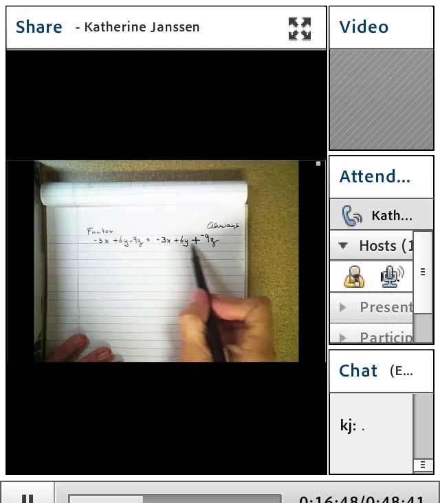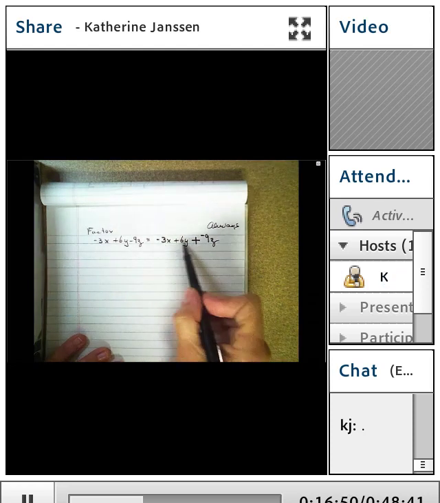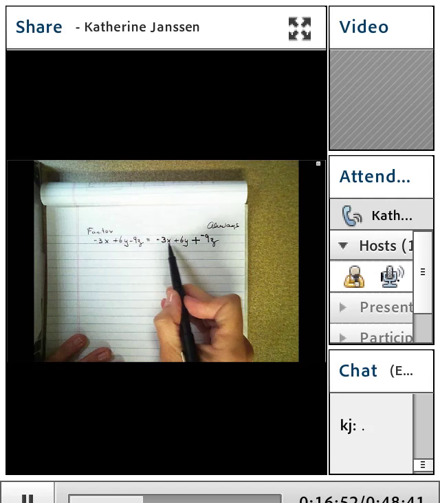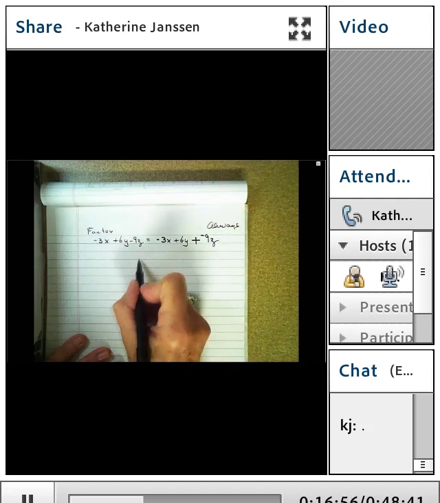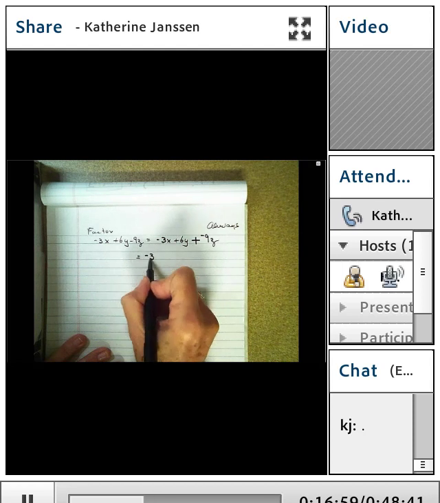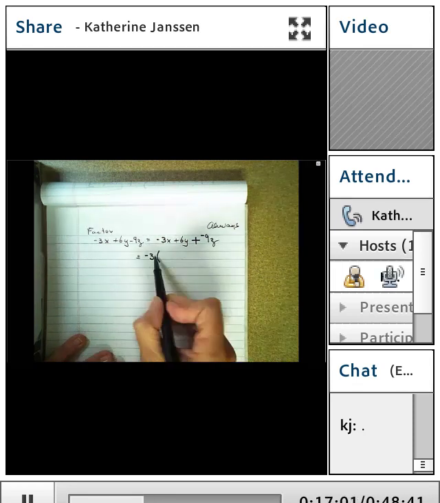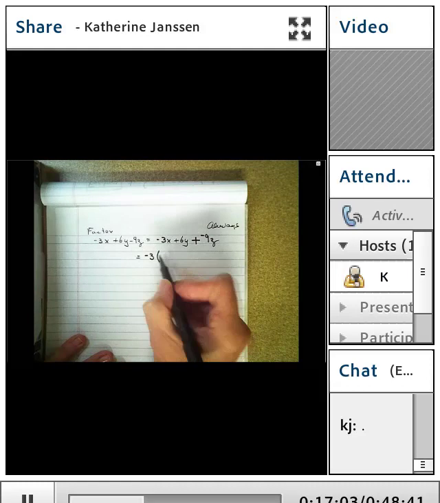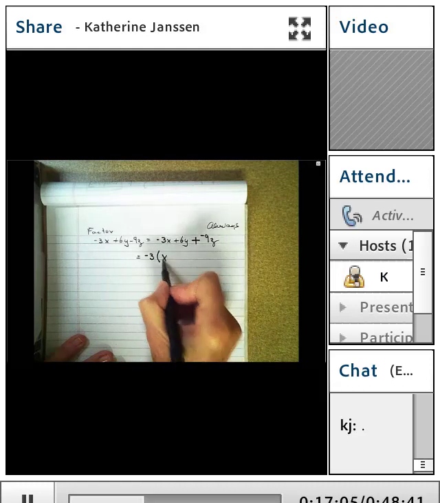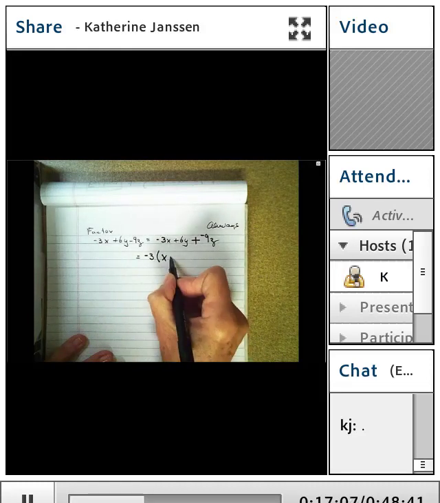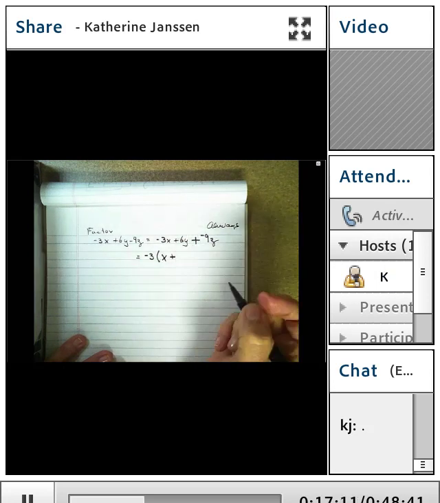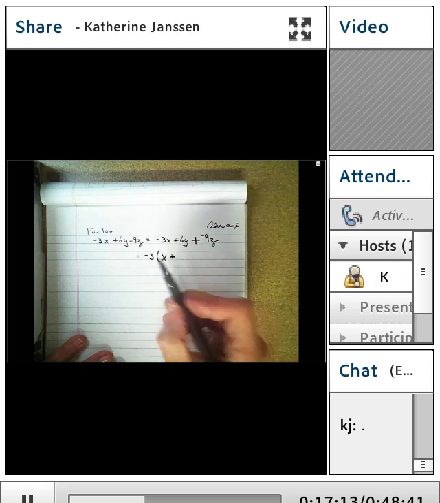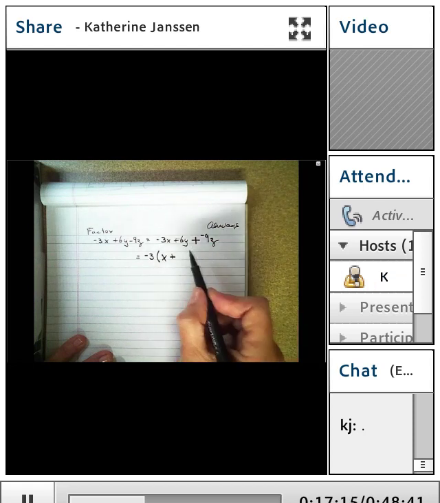Now, is there a greatest common factor in each term? We can factor out a negative 3. Negative 3 times what would give you a negative 3x? Positive x. A negative 3 times what would give you 6y?